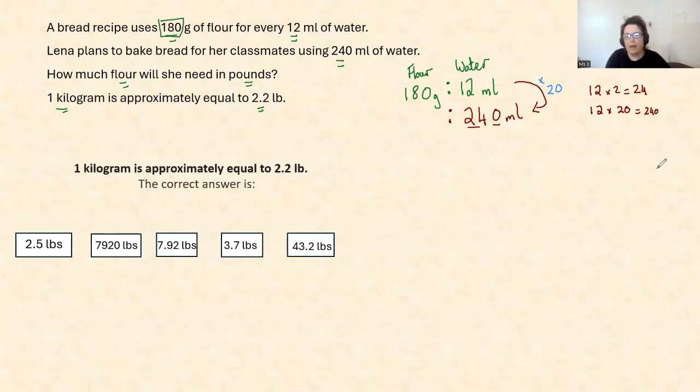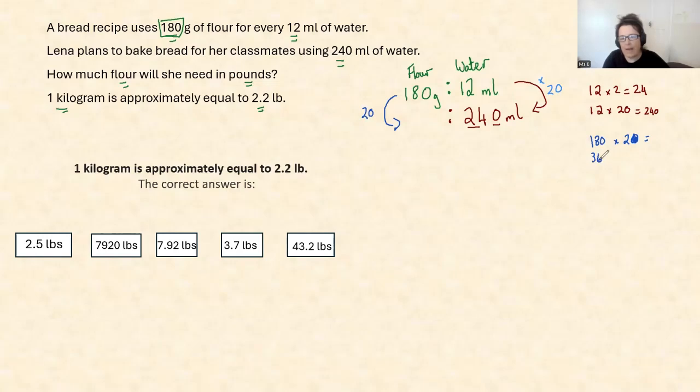Therefore, to see how much flour I need to use, I'm going to have to multiply 180 by 20. So 180 multiplied by 20 equals, well, if it's 180 multiplied by 2, not 20, I know that 18 and 18 is 36.